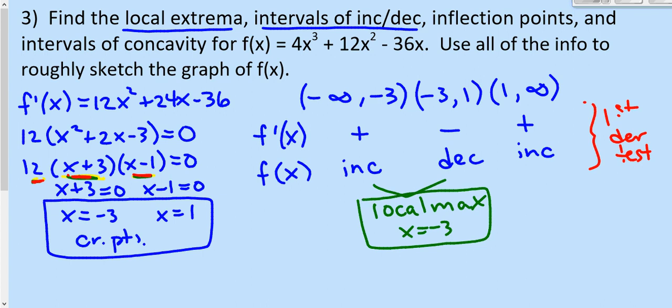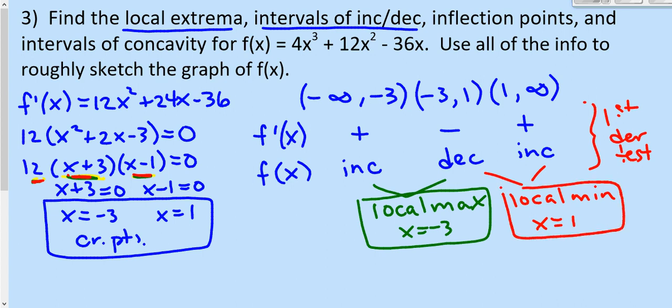And the next section is going from decreasing to increasing, and that change is happening at x equals 1. So we have a local minimum at x equals 1. Okay, I'm putting a box around everything we're trying to find. We just found the local extrema. We found the intervals of increasing and decreasing. Those were associated with these intervals up here. I'm not going to write them again, I'm running out of room.